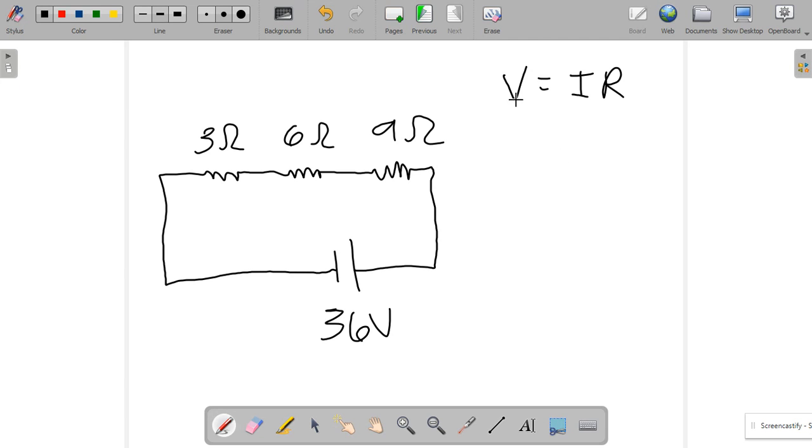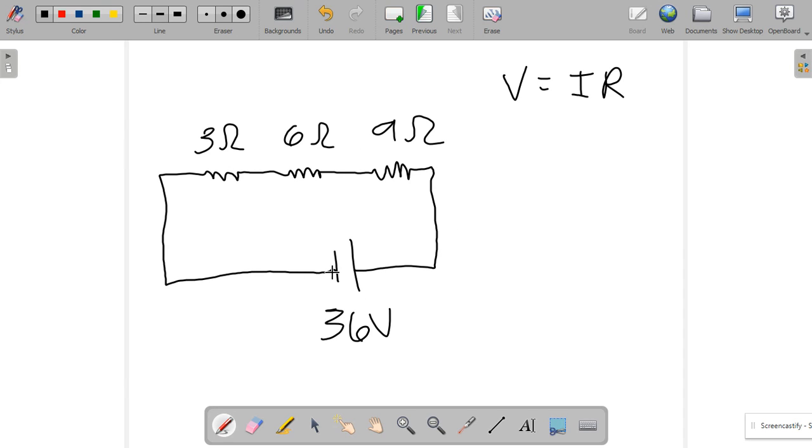So if we have the voltage and we have the resistance, we can find the current. If we have the current and the resistance, we can find the voltage. Now, the voltage across the battery here is 36 volts. What we could do is find the voltage drops across each resistor, because basically we have the battery giving energy to the electrons that then are pushed through the circuit.